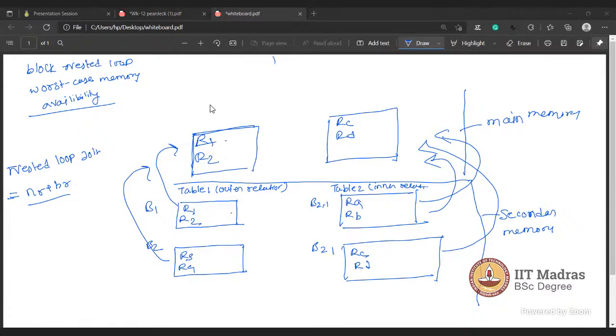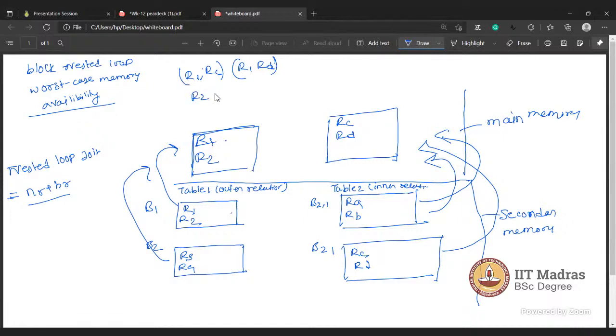So then what happened in block nested loop join? First R1 is compared with RC, then R1 with RD. This requires one seek, right?